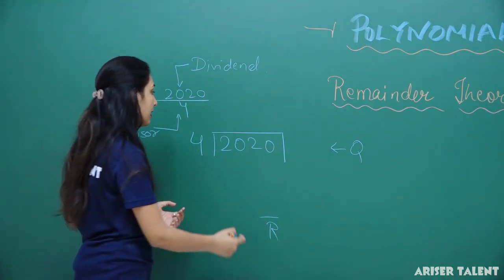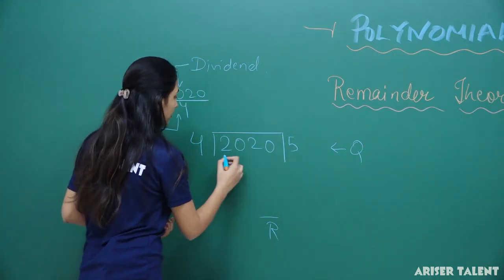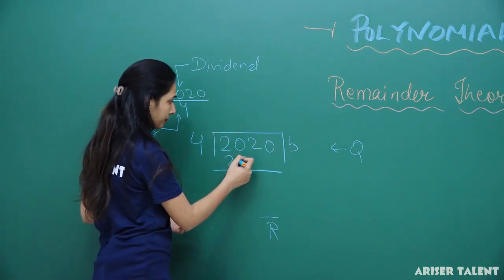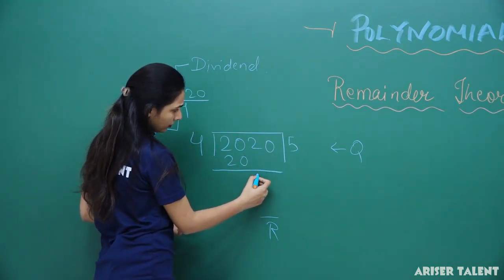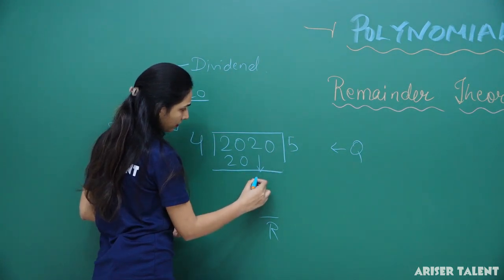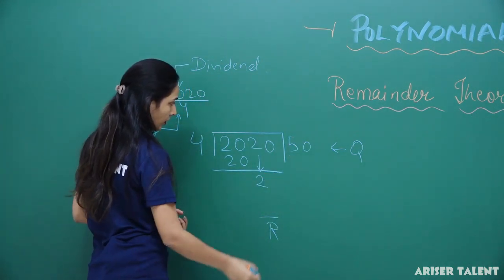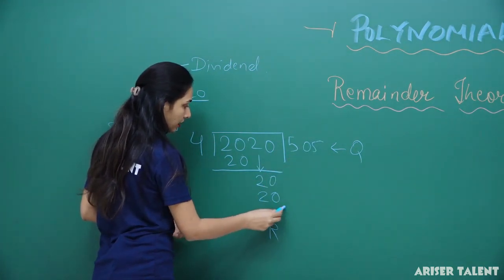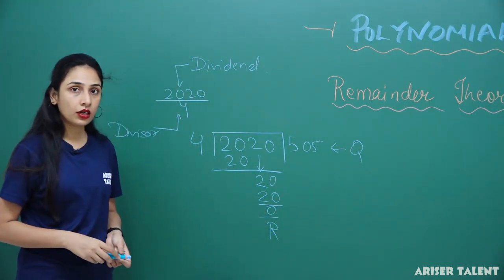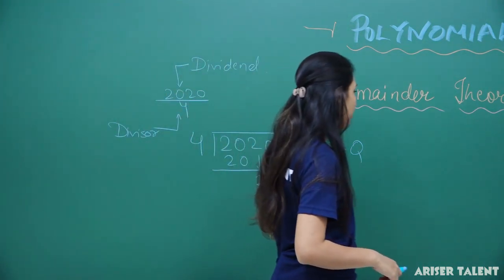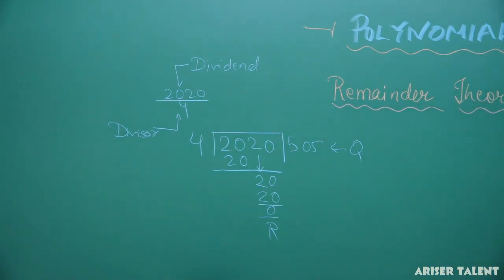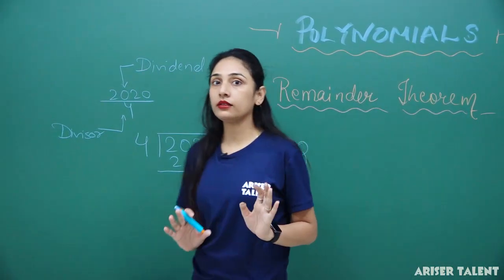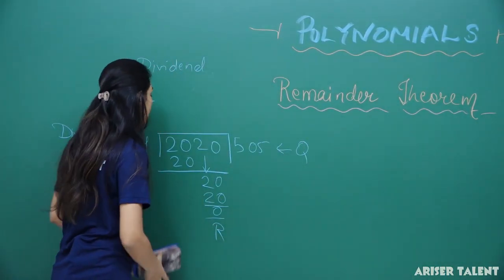Then 5, 20, 0, that will be your remainder and that will be your quotient. This is something you have studied in your very early classes.